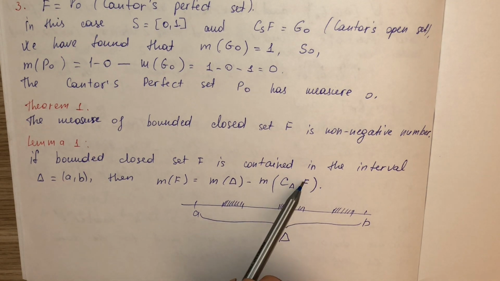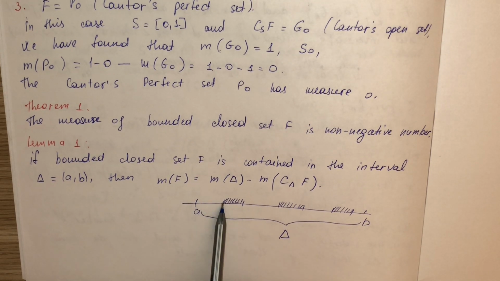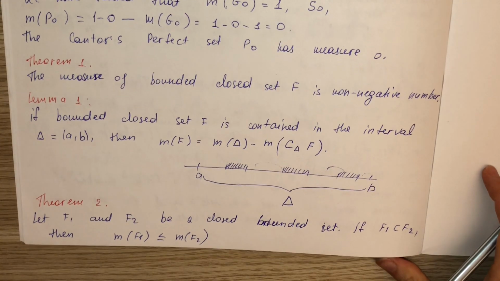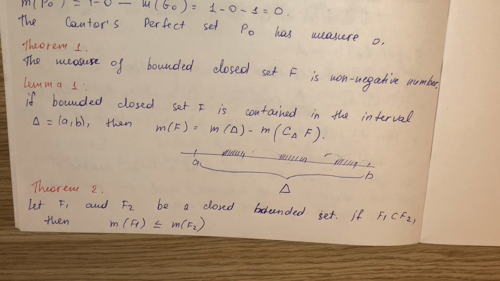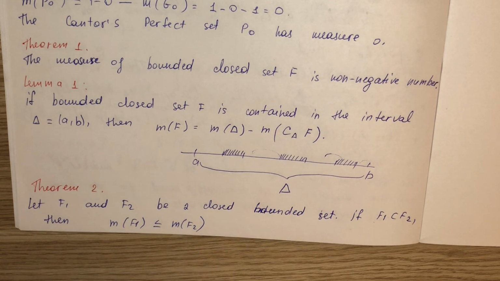What are the components? The components are these intervals, yes? Here is our second theorem. If F1 and F2 are two closed bounded sets, and if F1 is a subset of F2, then the measure of F1 is always less than or equal to the measure of F2.